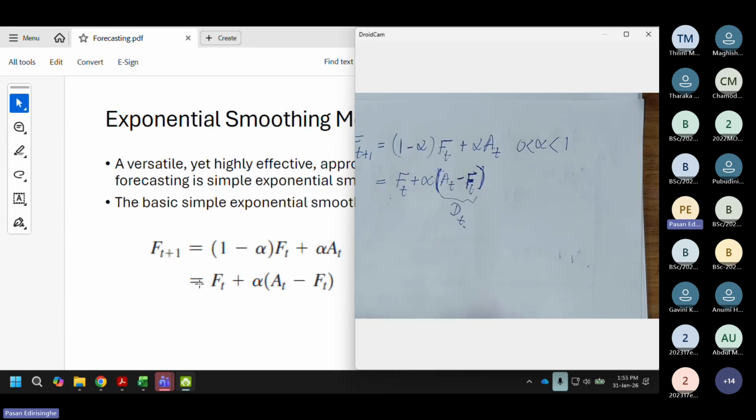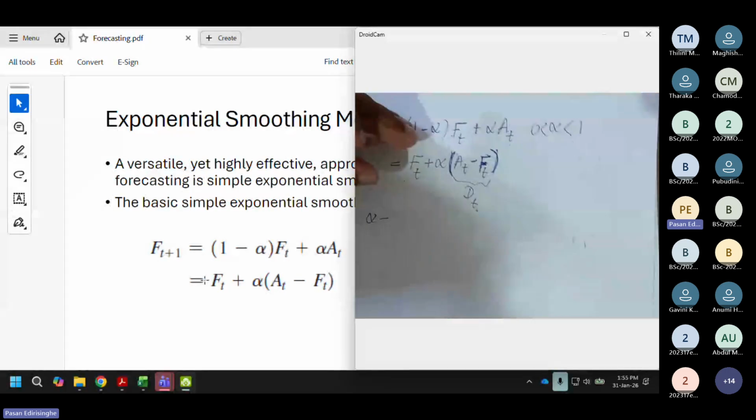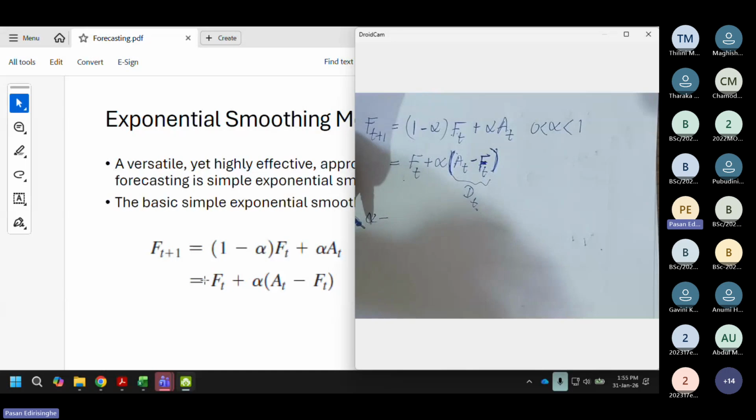And then once you are looking at this technique, of course, we need to define the alpha. That is one thing we need to define. And then you can always see that F_{t+1} will depend on F_t. So that means we need to give some starting value as well.